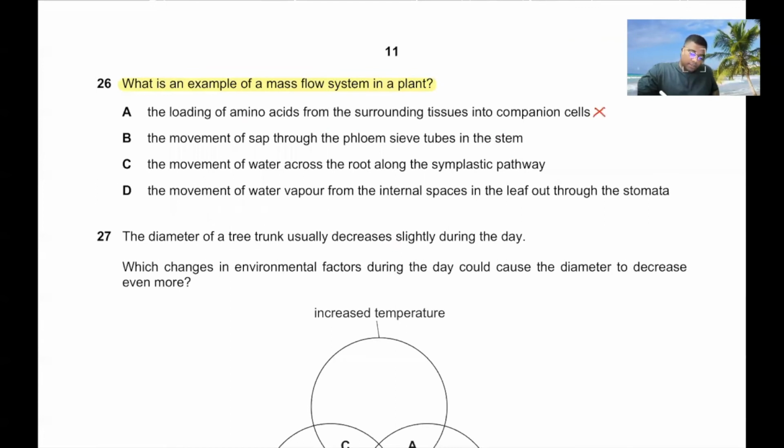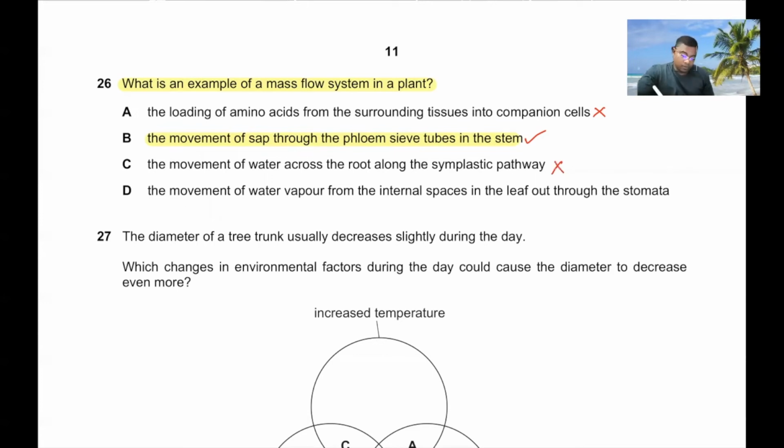It is one type of active transport, but it's done indirectly. The movement of sap through the phloem sieve tube in stem. Yes, definitely. Sap moving through the phloem sieve tube in the stem would definitely be mass flow.